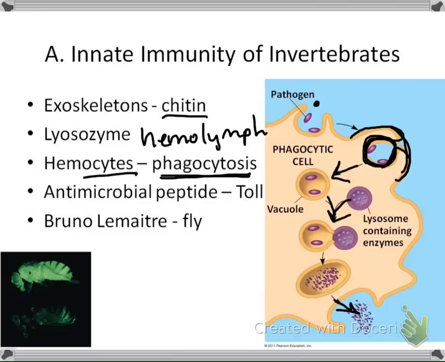Other hemocytes will trigger the production of chemicals that kill pathogens and entrap parasites. Antimicrobial proteins can be secreted by hemocytes or other cells, and they bind to and destroy bacteria and fungi by disrupting their plasma membrane.